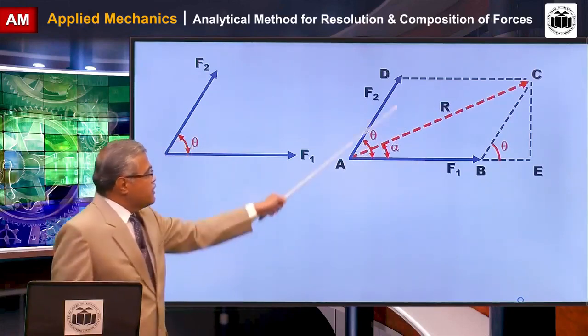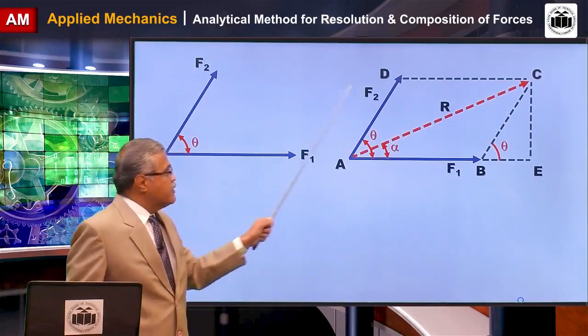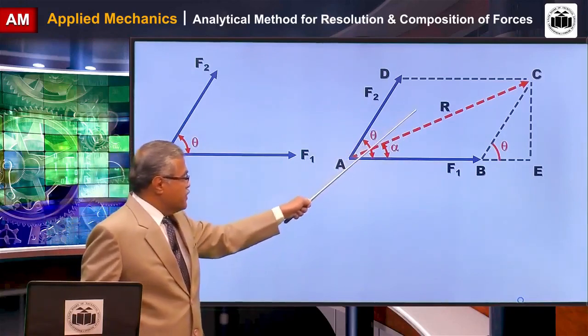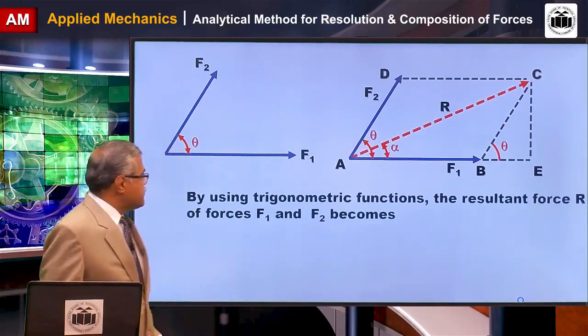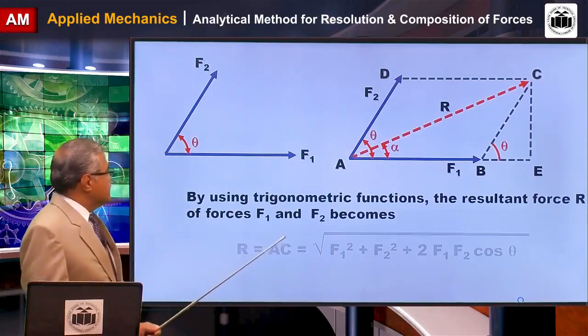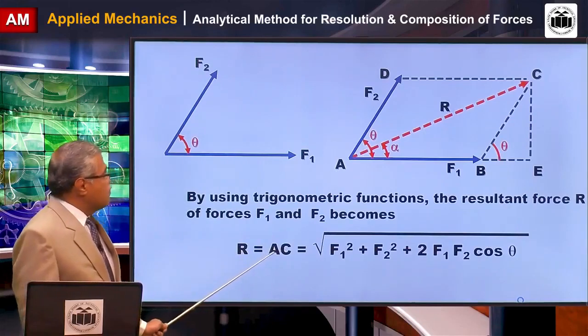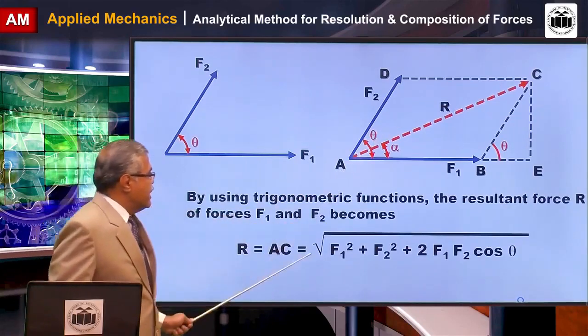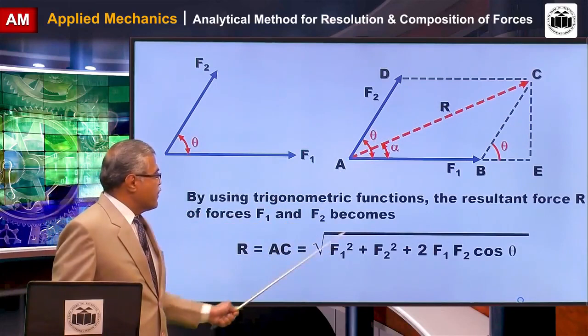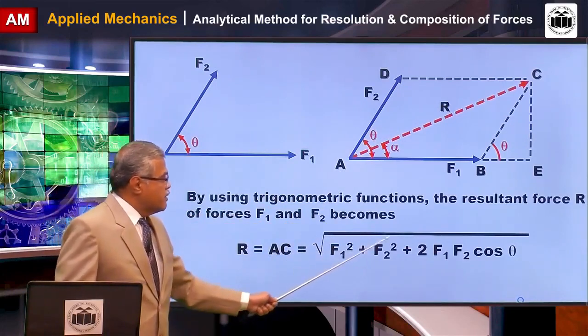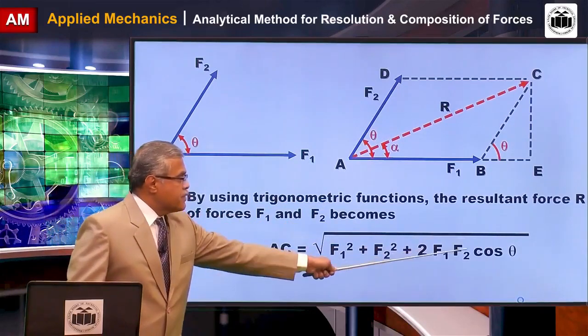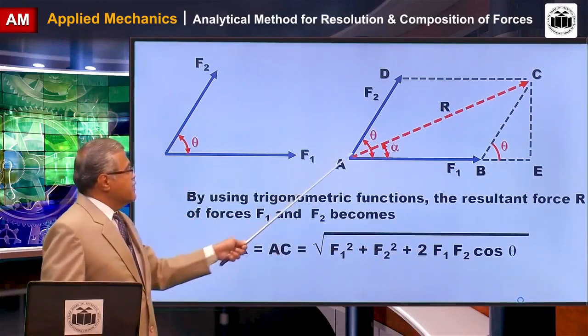Now from this diagram itself, we can have the equation of the resultant force. The equation for the resultant force is: R is equal to AC, which is equal to the square root of F1 square plus F2 square plus twice F1 F2 cos theta. Then there is the angle alpha.